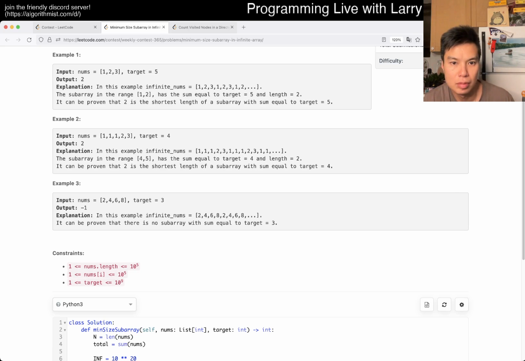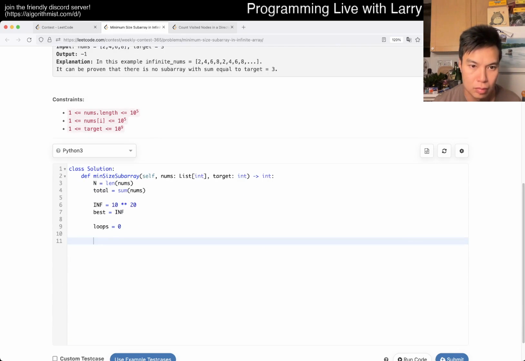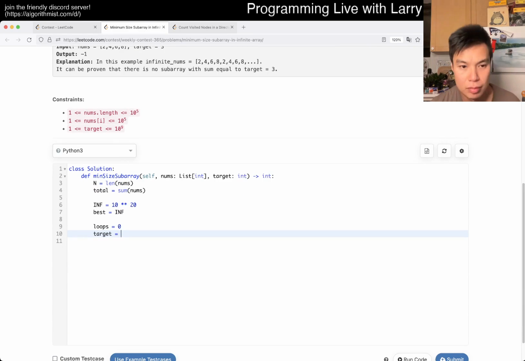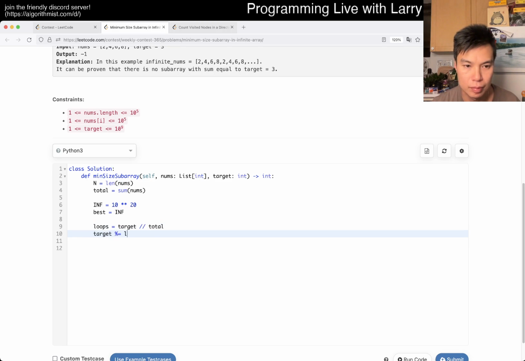Okay, I see. So loops is equal to target over total. Right.